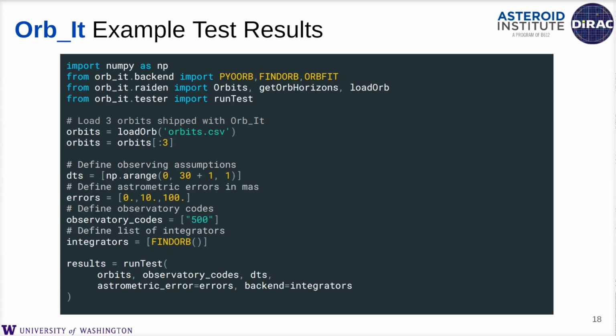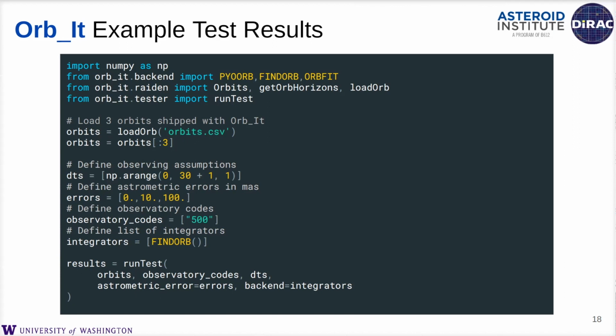Once you have your orbits, and we believe that these orbits roughly are representative of the population of the solar system, you then have to define your observing assumptions. Here we're defining that we want observations once a day for 30 days. We want to iterate over 3 different astrometric errors in milliarcseconds: 0 error, 10 milliarcseconds of error, and 100 milliarcseconds of error.